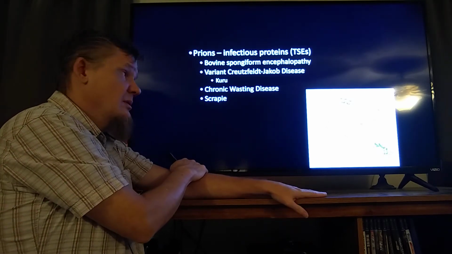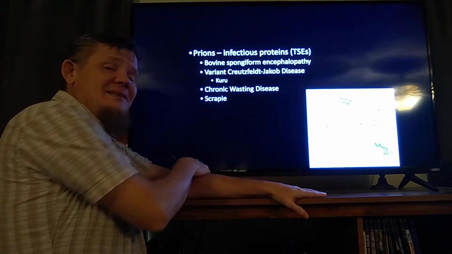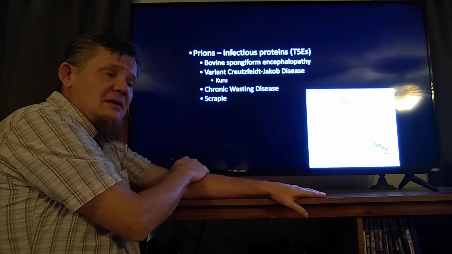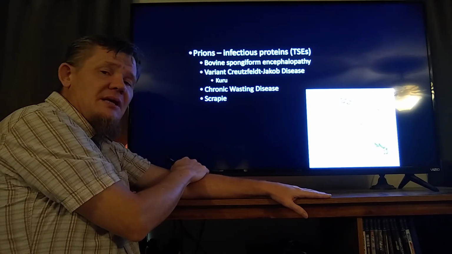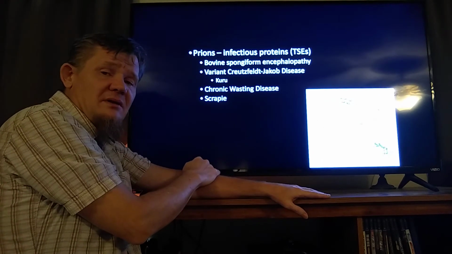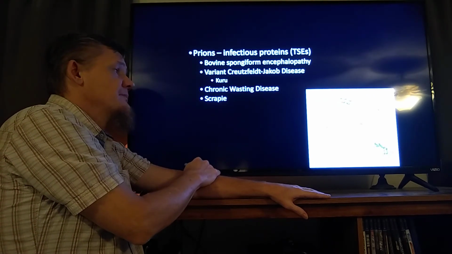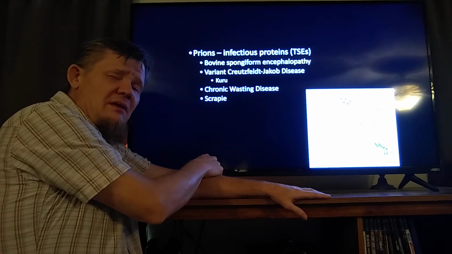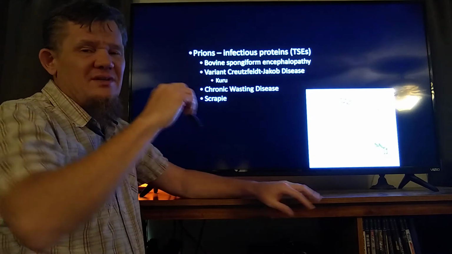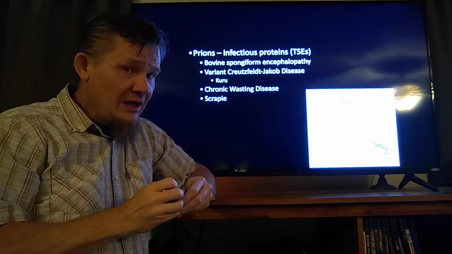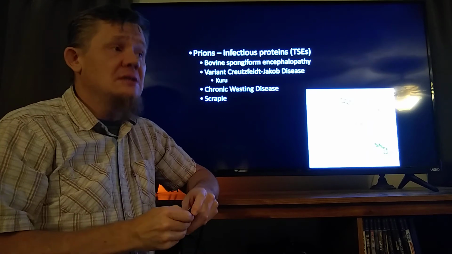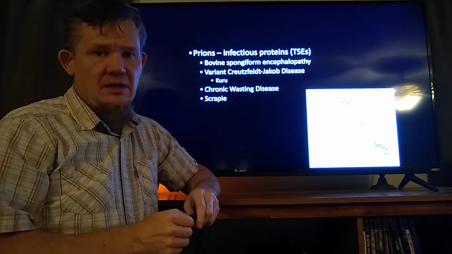Again, spongiform encephalopathy. Chronic wasting disease is a version that deer get. We're not exactly sure how deer get them, but they probably have an inherited version of it, very much like Creutzfeldt-Jakob disease. I don't think there's any evidence of deer in Georgia having been found to have chronic wasting disease, though there are deer in America that absolutely do.